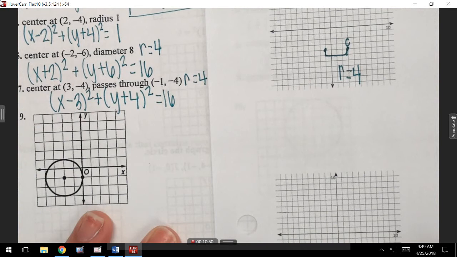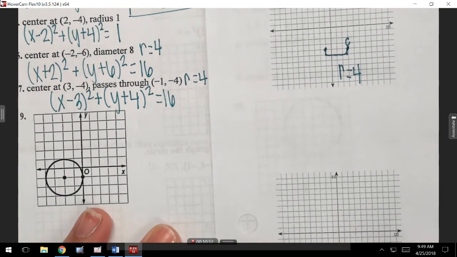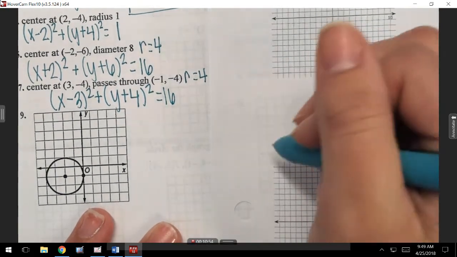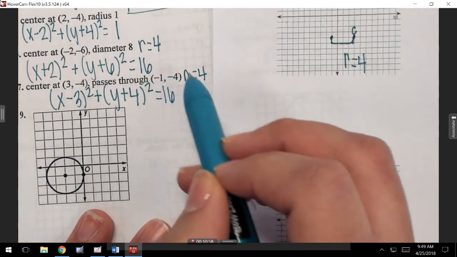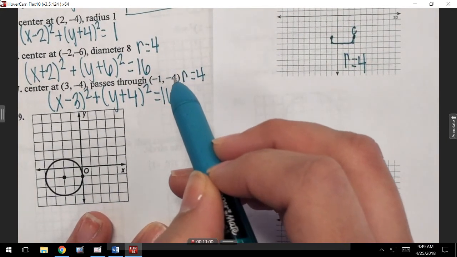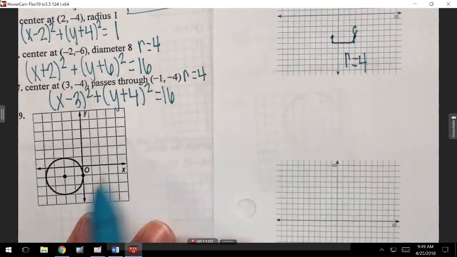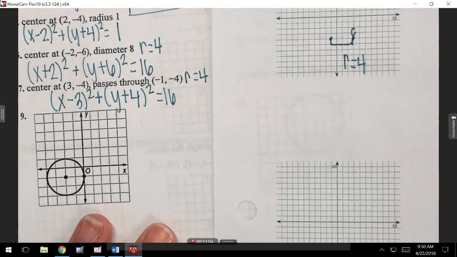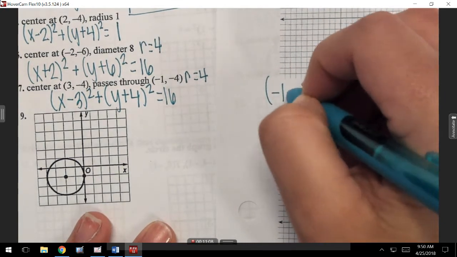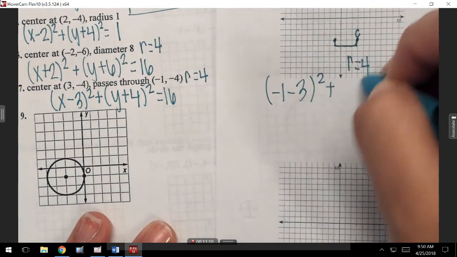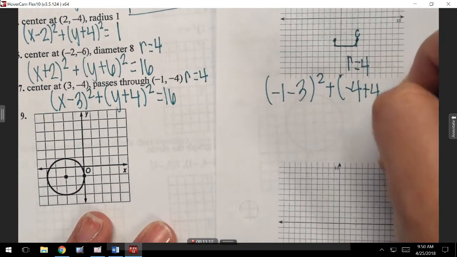Really good, good smart mind that person had. She said, if it passes through that point, then can't I just plug those points in and it'll give me the radius squared? Yeah, it works. So if you plug it in, -1 minus 3 squared plus -4 plus 4 squared.